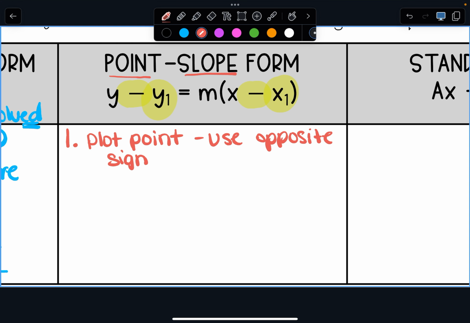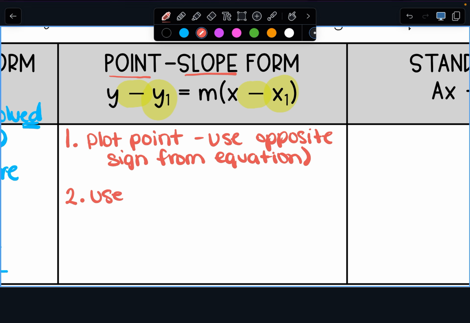Meaning if there's a +1, technically you plugged in a negative number into the equation. After that, step number 2 is the same. You're going to use the slope to find more points.